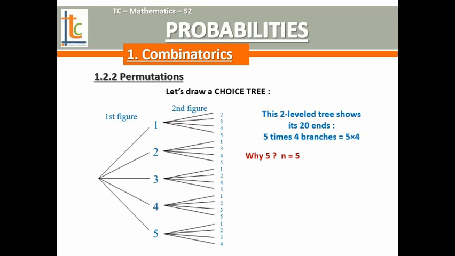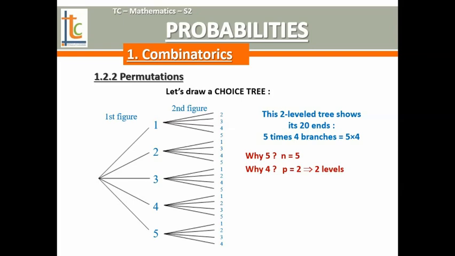So why 5? Because n equals 5 at the beginning. And why 4? Because your tree gets 2 levels, and there are 2 levels on the tree because p equals 2. So you have to multiply decreasing integers from 5: 5 times 4, and you stop there because p equals 2.